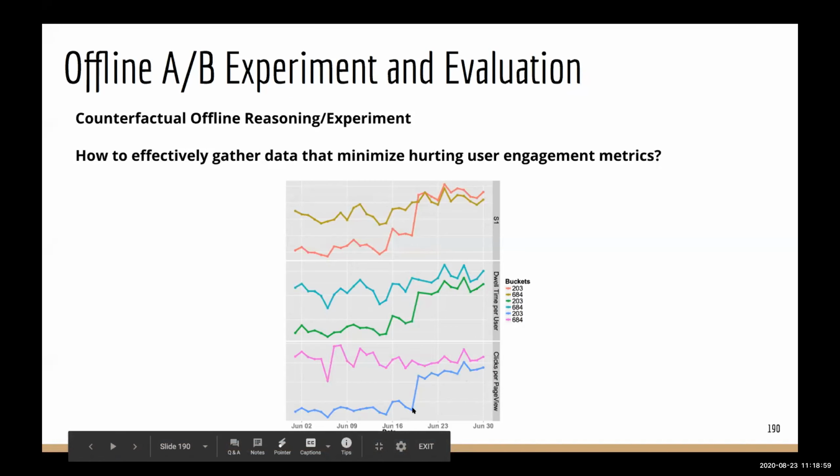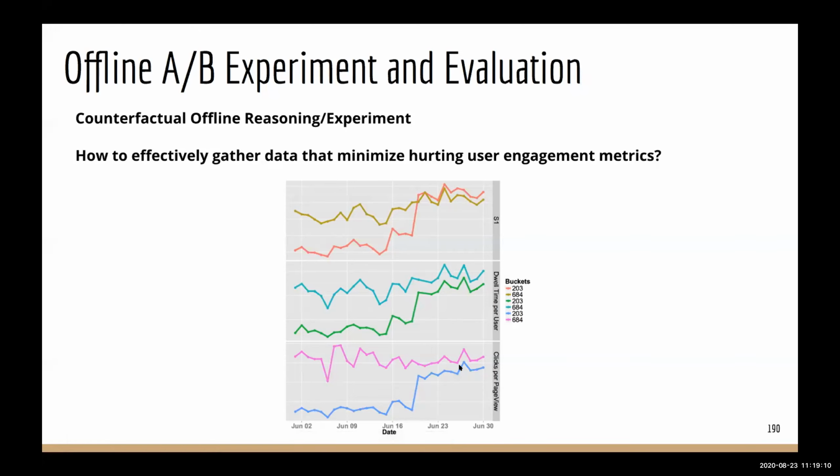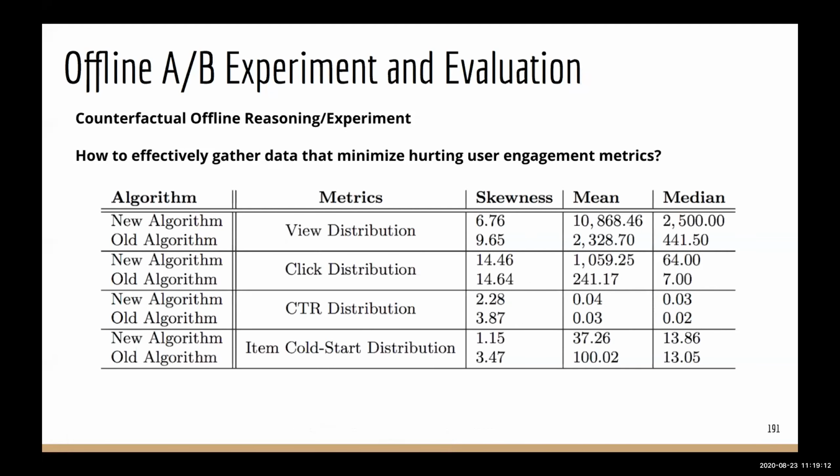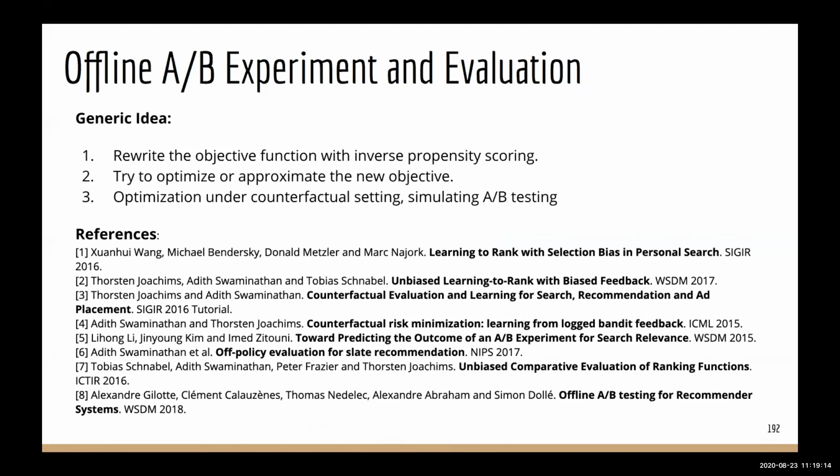Compared to the previous segment of time, where things were more or less completely random, the user engagement and user experience is much better, but you are still exploring and getting the data. I'll skip some details here. Nevertheless, this is a new area, and in the past several years there's been increasing interest in offline A/B testing.